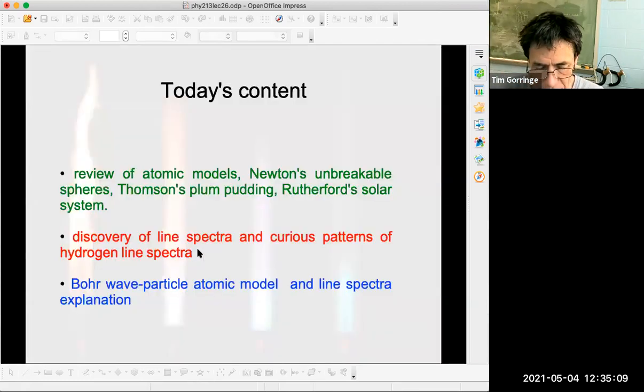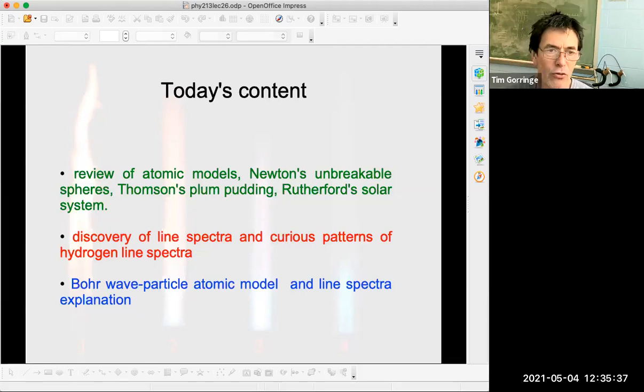So specifically, today I want to start by viewing a few different models of atoms that have emerged over the past few hundred years, actually. We'll start with one from Isaac Newton that atoms were kind of tiny, unbreakable spheres.